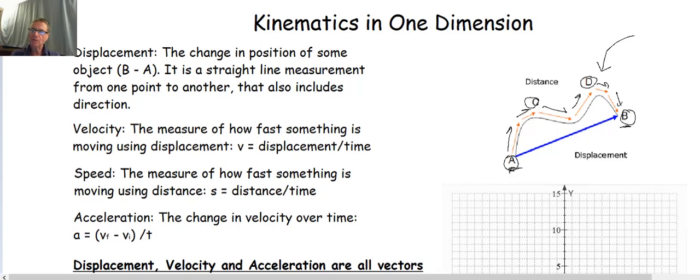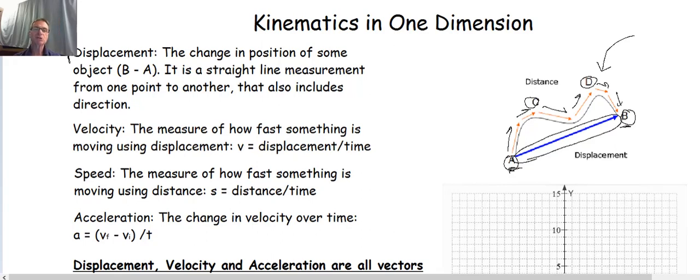But you can also see down here a blue arrow that goes directly from point A to point B. This would be what we call the displacement from point A to point B. And the definition of displacement I give up in the upper left-hand corner here.